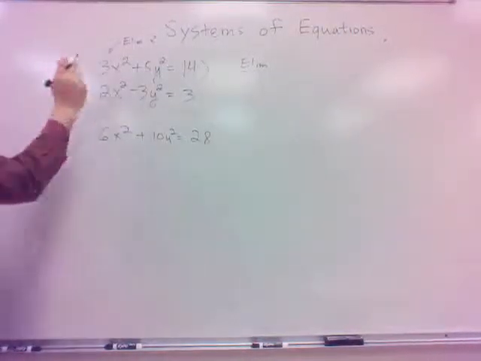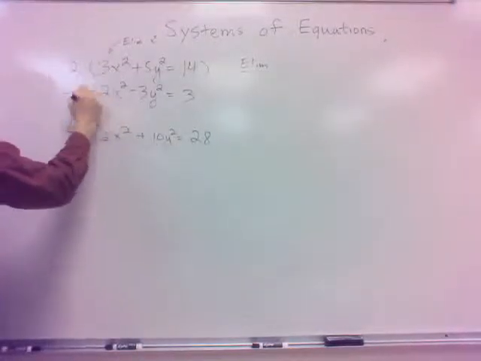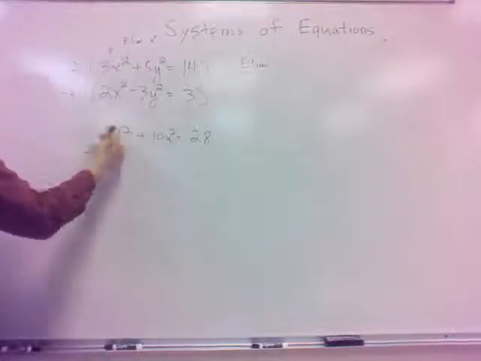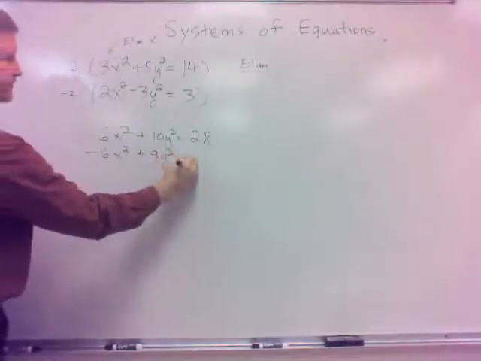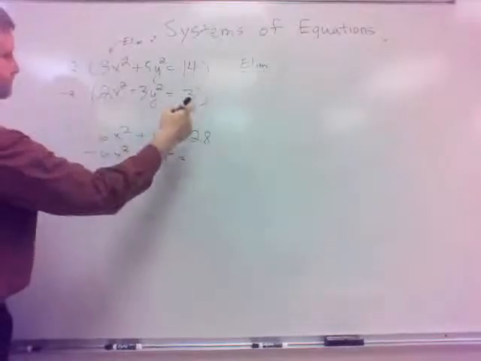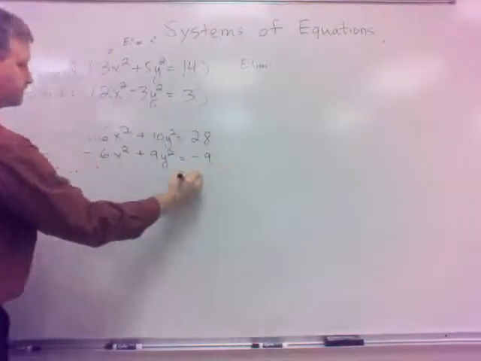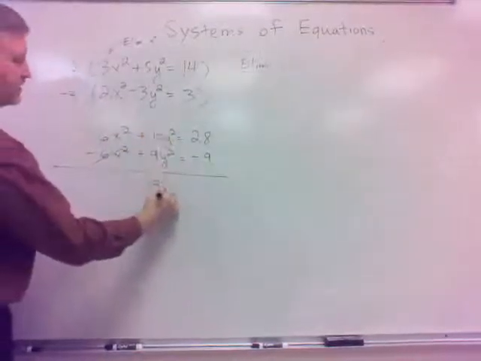Then the bottom I need to be negative 6x squared, so I need to multiply by what? Multiply by negative 3. So that'll be negative 6x squared. Negative 3 times negative 3 is positive 9y squared. And then negative 3 times positive 23 is negative 69. Add them up. The x squareds do eliminate. So I have 19y squared equals 19.